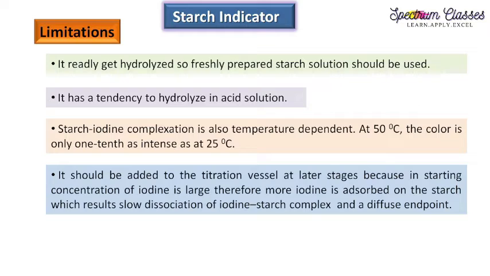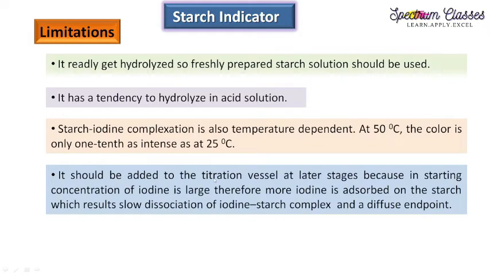The important question from the viva point of view is that we add this starch indicator in the titration vessel of iodine titrations at the very later stages, when the intense dark brown color of iodine becomes pale yellow. So why should we add this starch indicator at later stages?